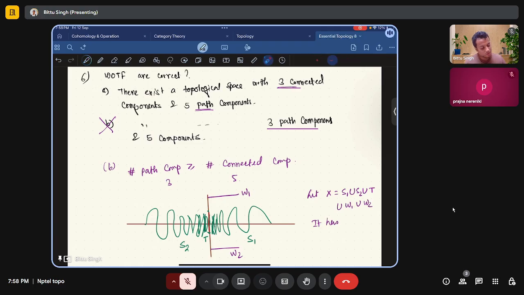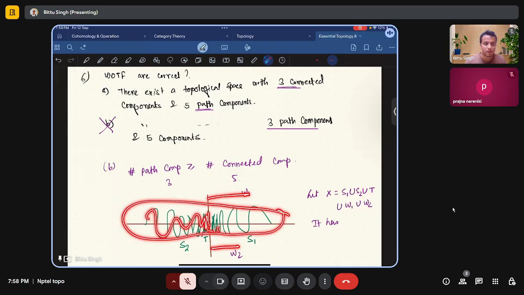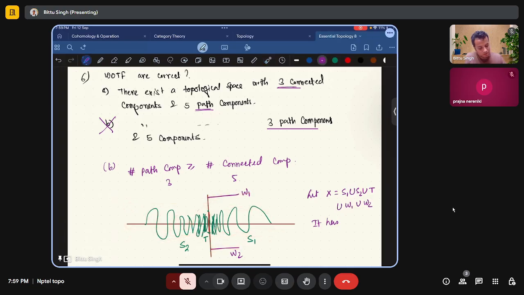Note that it has only three components. One component is W1, another is W2, and another component is S1 union S2 union T.